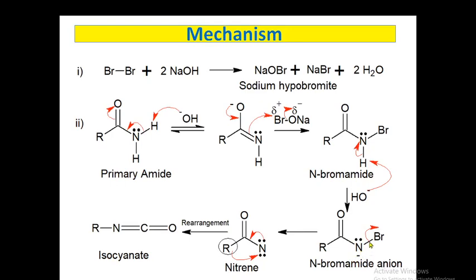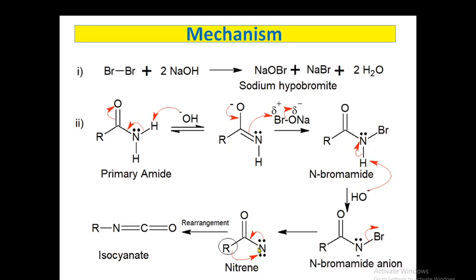So immediately it loses this electronegative bromine atom to form a species in which nitrogen is surrounded by 6 electrons. See, this is the unshared electron pair, there is the negative charge, so 2 electrons, and this bonding electron pair. So this nitrogen is surrounded by 6 electrons, and therefore this is the nitrene species.